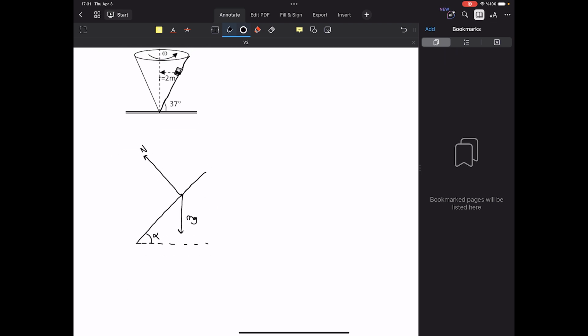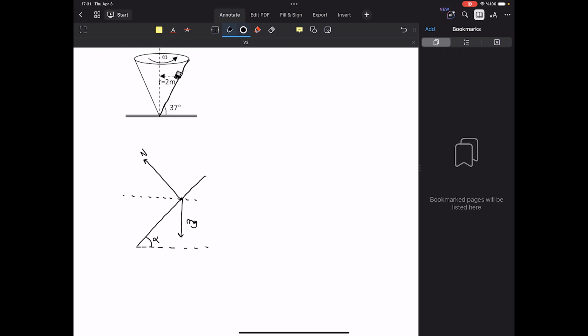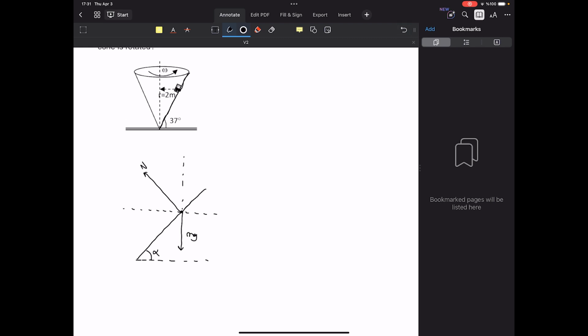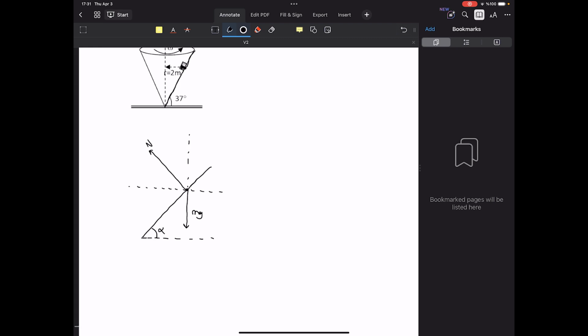If we draw axes like this, we want to find the net force in the direction the object is rotating in. So we need to find that force.